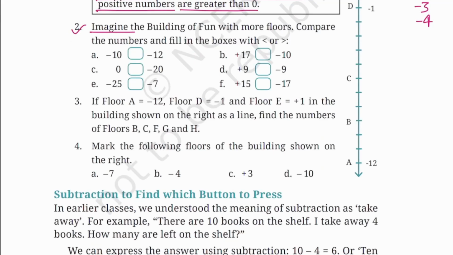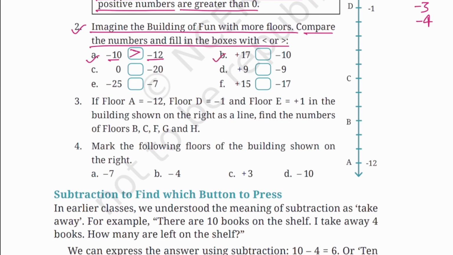2. Imagine the building of 1 with more floors. Compare the numbers and fill in the boxes with less than or greater than symbol. A -10 and -12. -12 is less than -10 or you can say -10 is greater than -12.